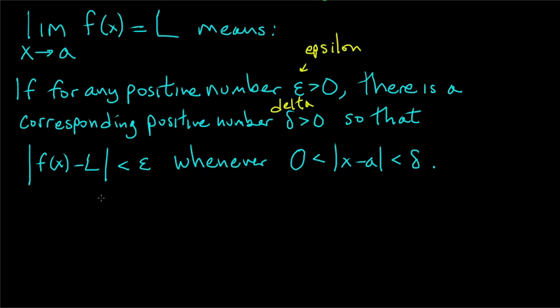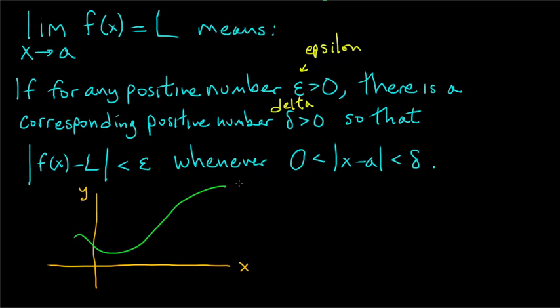So let's draw a picture, because that always helps. I'm going to draw the graph of some function. At this point, it doesn't matter what function that is, just as long as it's some function. So here's my f of x, and a is going to be, let's say, right here.